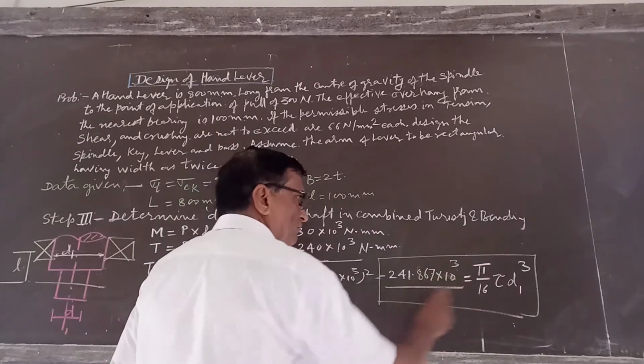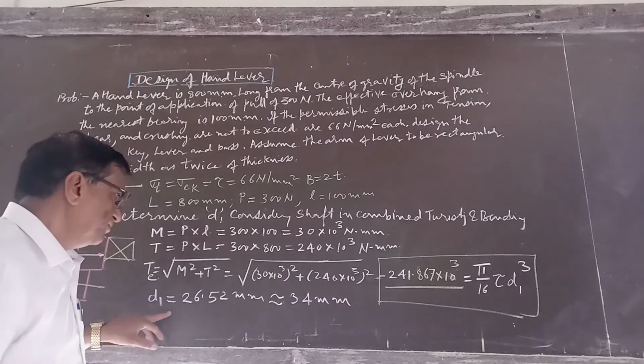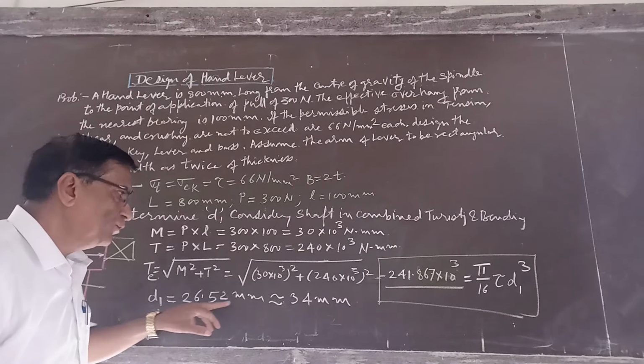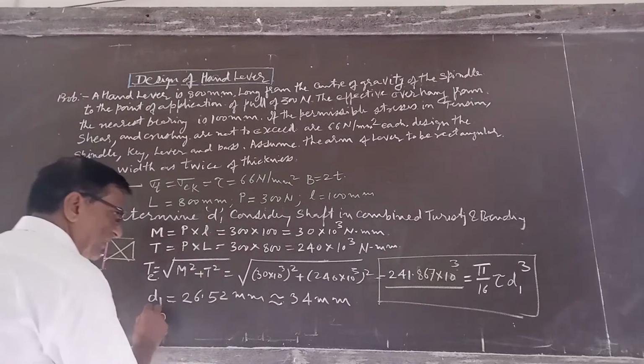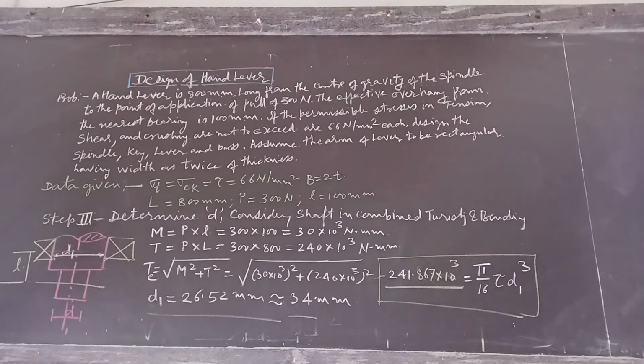From this we will calculate the value of d1, and that comes out to be 26.52 millimeter. We will take the increased diameter, that is 34, because the diameter d1 should be larger than d. As d comes out to be 28, hence we have to take the greater value, that is 34.